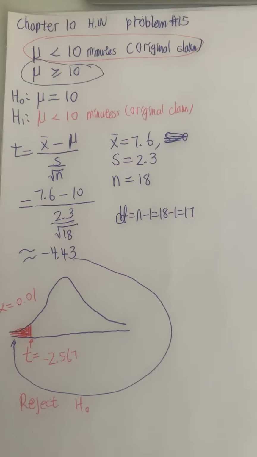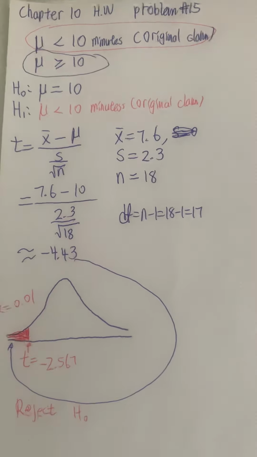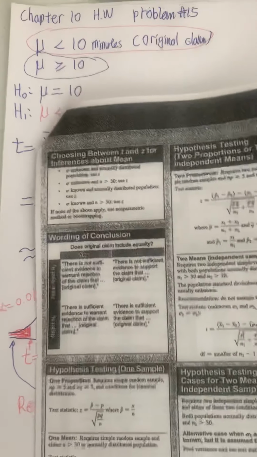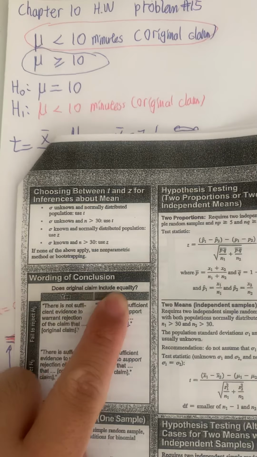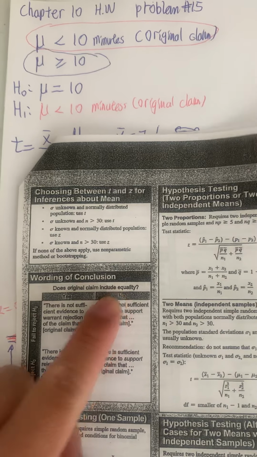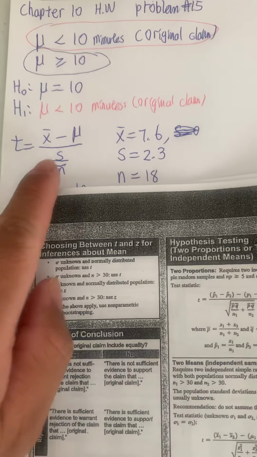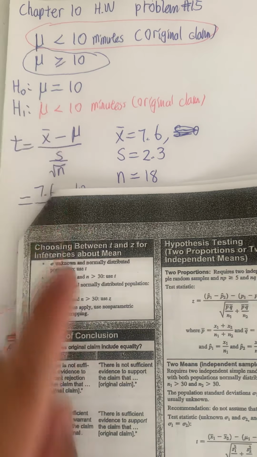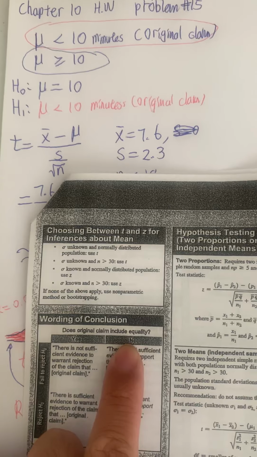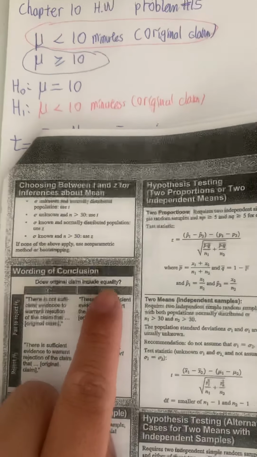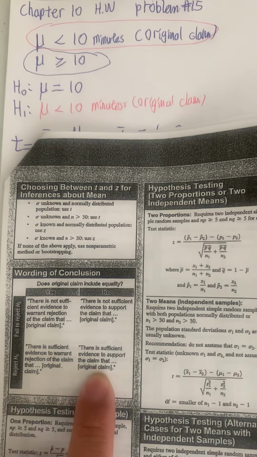Then the final wording. Does the original claim include equality? If you look at the original claim here, it doesn't have the equal sign, so this one is no. And then reject the null hypothesis.